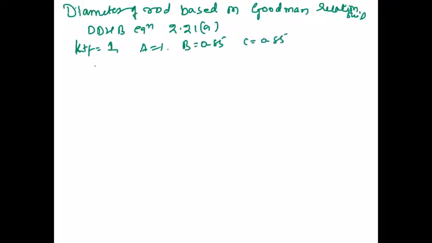So now let us substitute. What is the equation? 1 by N equals KTF into sigma A, divided by ABC into sigma En, plus sigma m divided by sigma u.